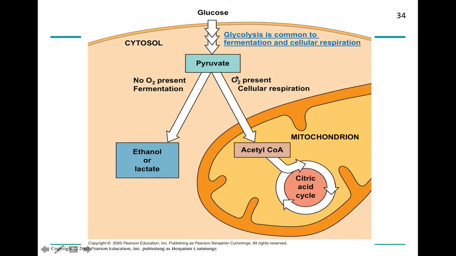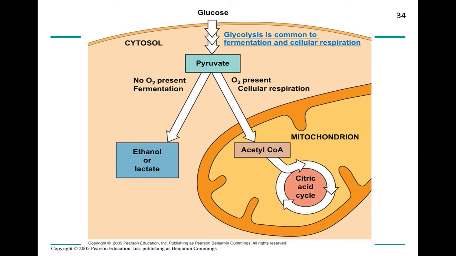And if your muscle cells have enough oxygen, then they are going to convert pyruvate into acetyl CoA in the mitochondria. So remember this, that pyruvate is a fork between fermentation and aerobic respiration.